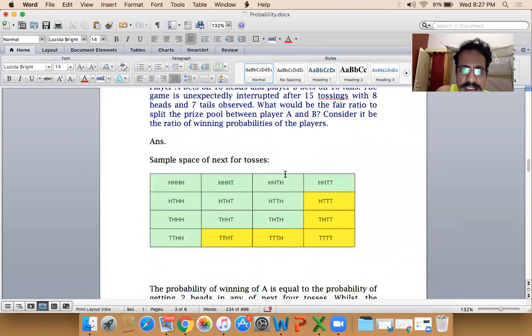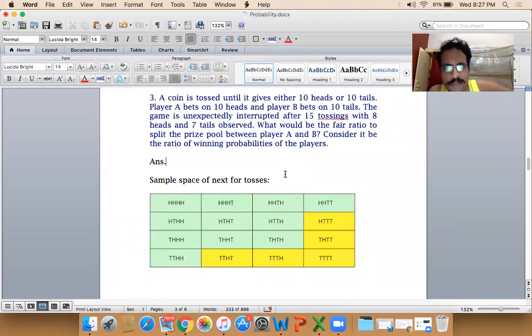So let us draw a sample space for continuous tosses. Now what we have done is 15 tosses, and suppose we do 4 more tosses, because that will likely decide the case, as there are already 8 heads and 7 tails.